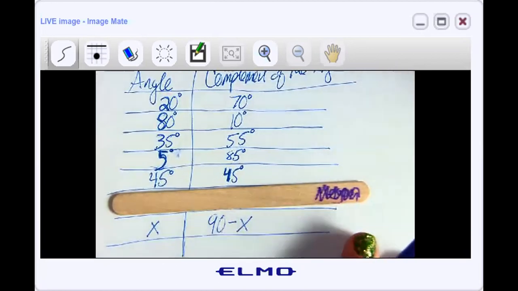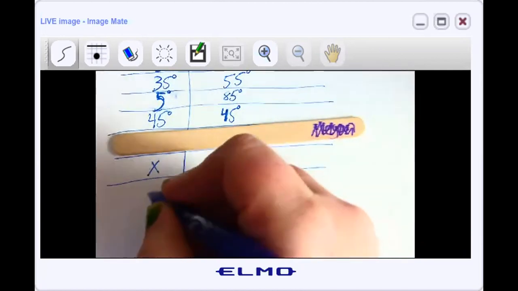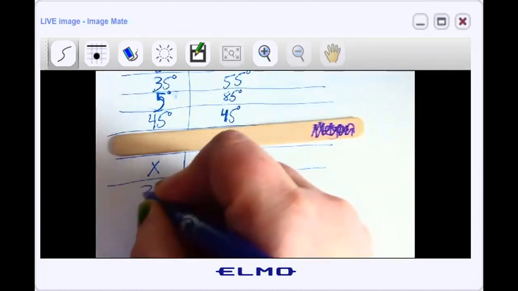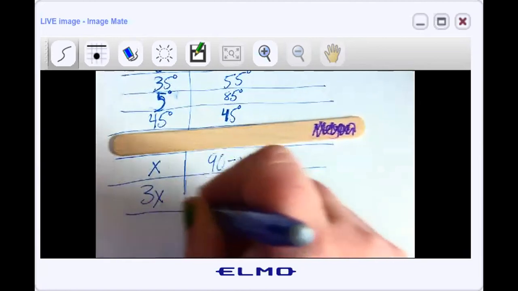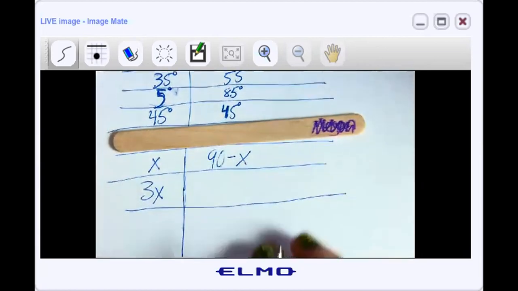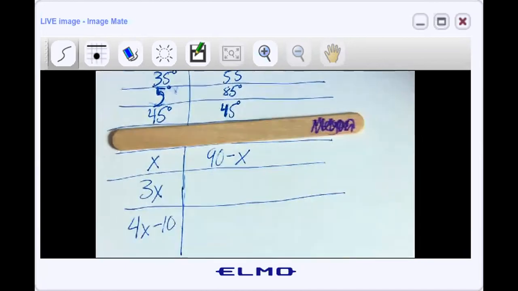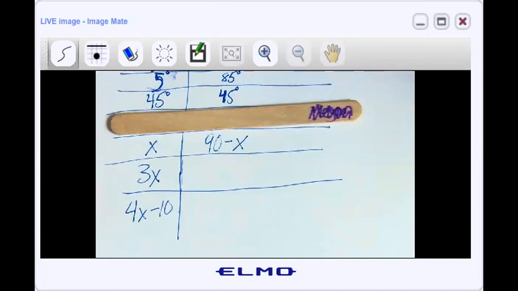Okay, so using that idea, I'm going to expand on this a little bit. What if my original angle was 3x? Then I'm going to give you a real hard question. What if my original angle was something like 4x minus 10? Try those two.